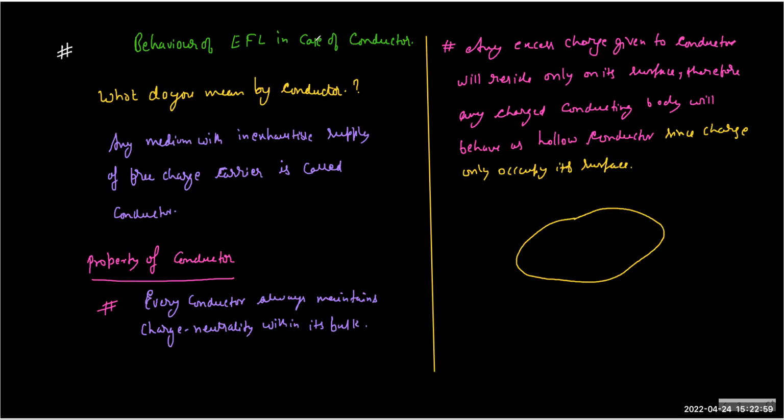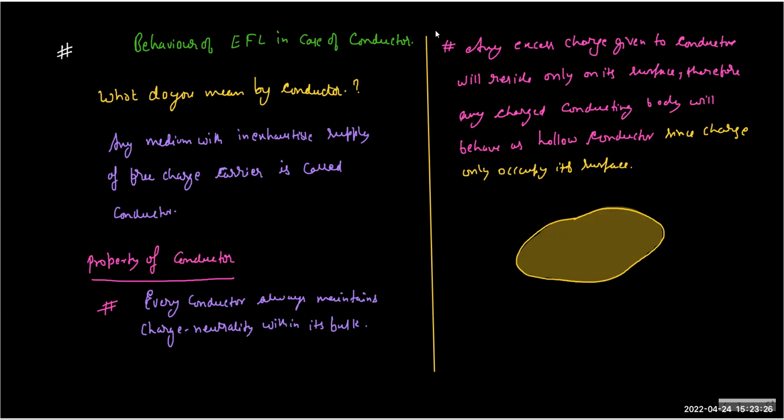So let's say this is a random conductor. The bulk will try to maintain the electrical neutrality. Even if you give some charge to the conductor, it will keep on repelling the charge till it becomes part of the surface.